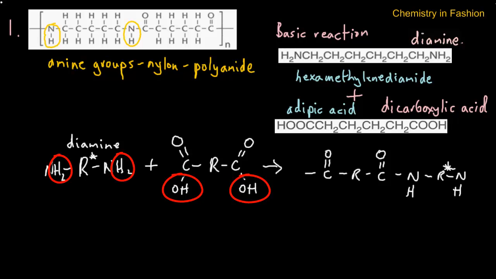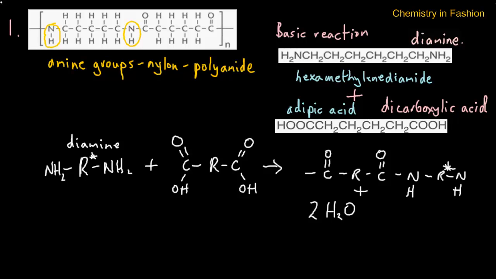So we've actually got 4 H's and 2 oxygens. And of course you've got 4 hydrogens, and we've got water, so we need 2 molecules of water. A typical condensation reaction with water coming off, and of course the product here is nylon.